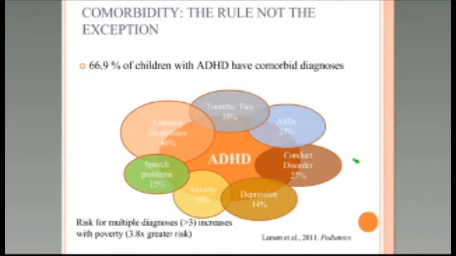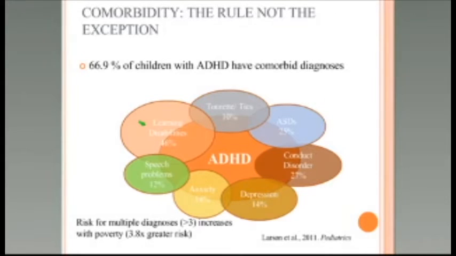This figure shows you a visual of comorbidities. More than 2/3 of individuals with ADHD have a comorbid diagnosis. Most commonly, if you look at this figure, that reflects the learning disabilities: reading, math, written language disability.